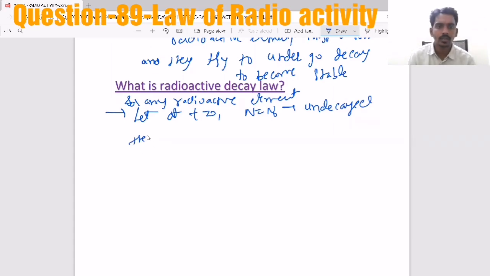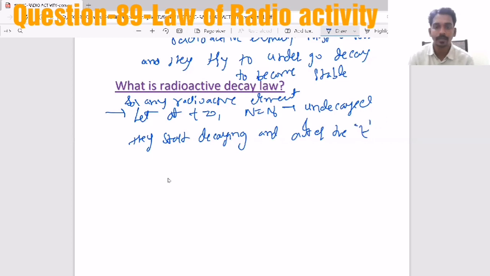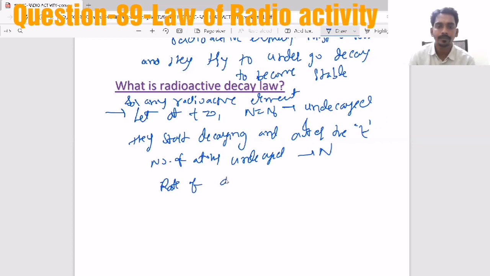Now they start decaying, and after a time t, the number of atoms undecayed, if it is n, then what is the rate of decay? dn by dt is proportional to minus n.